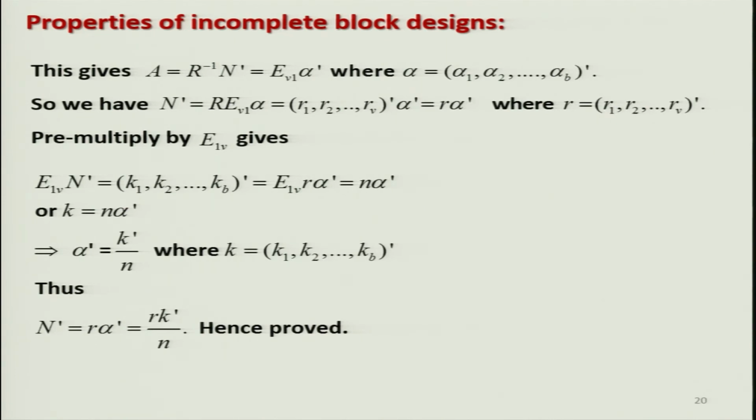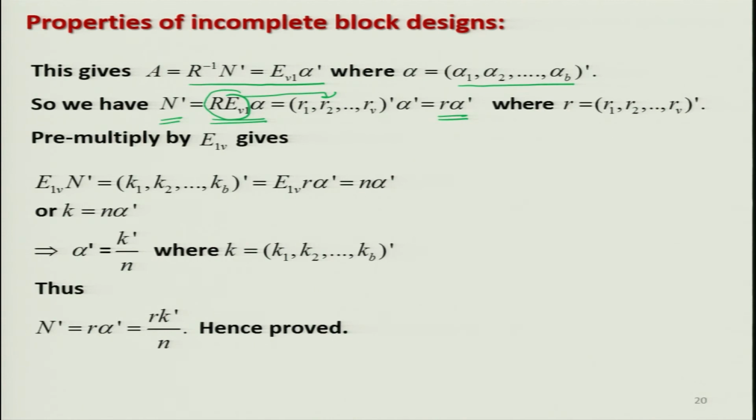So, this gives us that A is equal to R inverse N transpose, which is equal to EV1 alpha transpose, where alpha is some vector of alpha 1, alpha 2, ..., alpha b. And now, if you try to see here about this N transpose, this is equal to R EV1 alpha. Now, if you simplify R into EV1, you will get this column vector of R1, R2, ..., RV. So, I can write down simply R alpha prime, right.